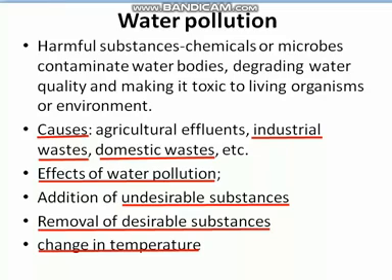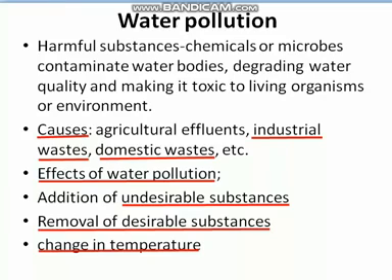For example, when water is used by different industries as coolant, they release this water into the different water bodies, and it's very hot, so it creates an abrupt increase in the temperature of that particular water body. So this directly affects the life of the aquatic organisms, those organisms which are living inside the water bodies.